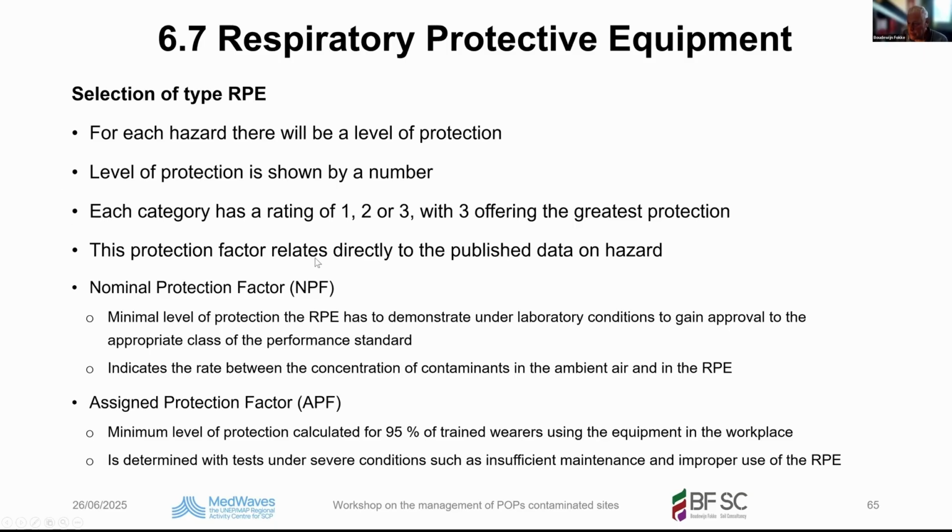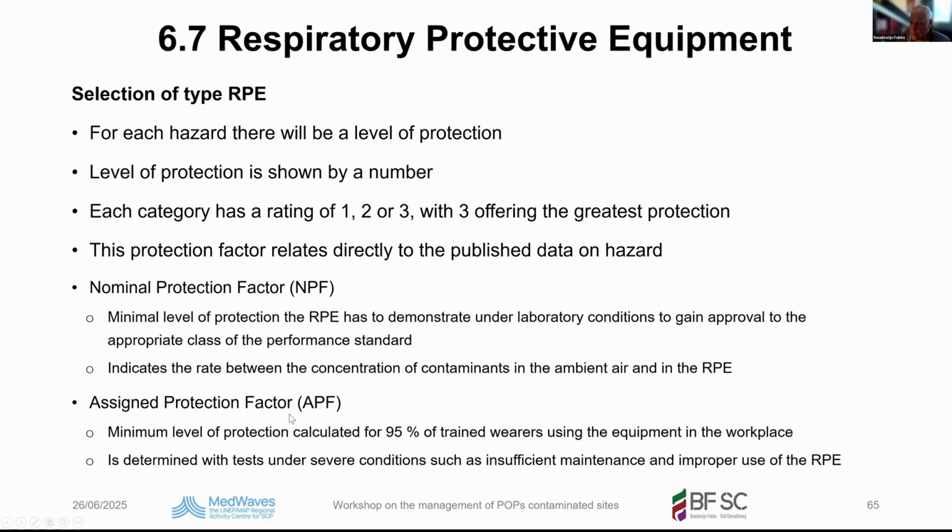Protection factors relate directly to the published data on hazards. The nominal protection factor, the NPF, is the minimum level of protection the respiratory equipment has to demonstrate under laboratory conditions to gain approval to the appropriate class for the performance standard, and it indicates the ratio between the concentration of the contaminants in the ambient air and inside your respiratory equipment.